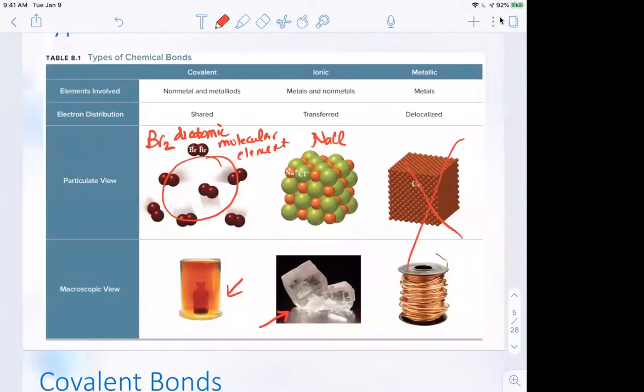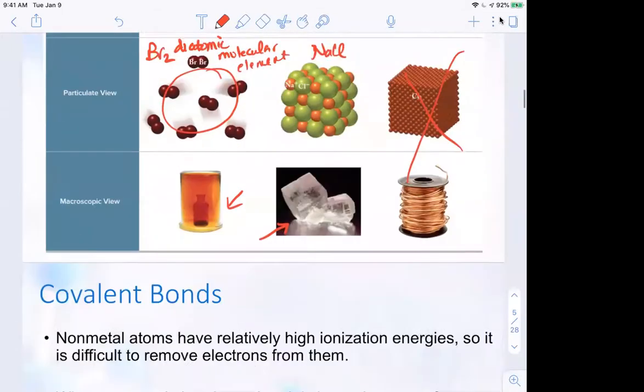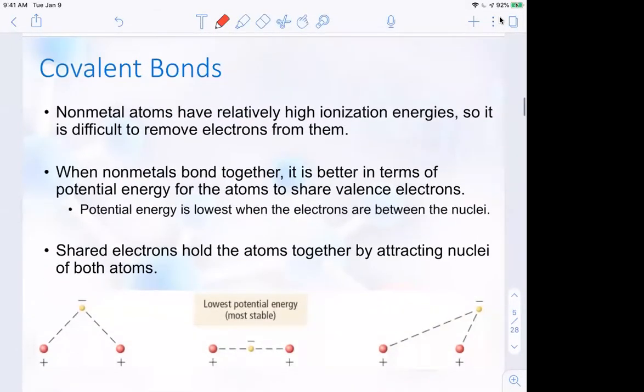Again, we're really not worried about the metallic type of bond. We're going to definitely focus on this part in this class because, again, that is the prevailing mode of bonding for carbon. So let's just reiterate what a covalent bond is. Non-metal atoms have relatively high ionization energies. It's actually very difficult to remove electrons from them and form positively charged cations.